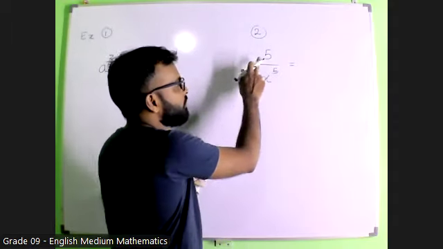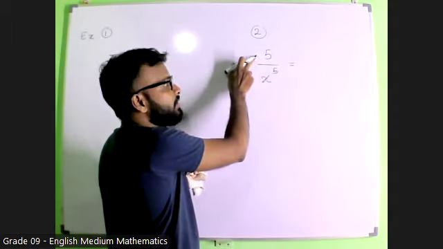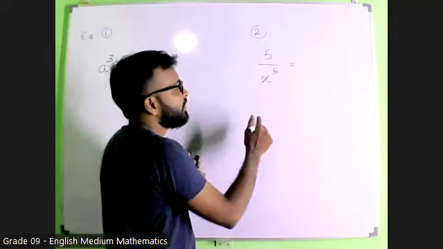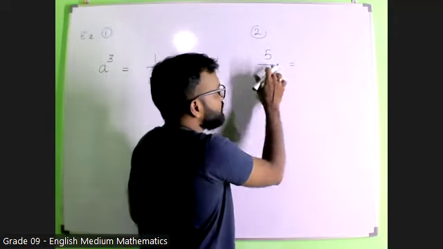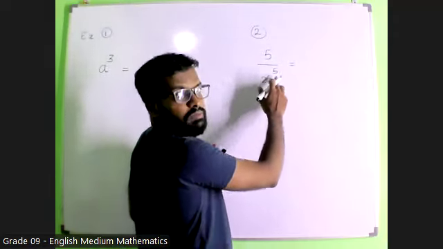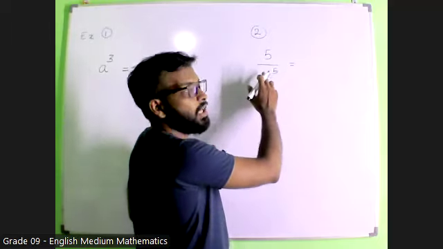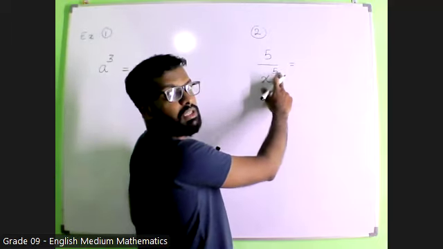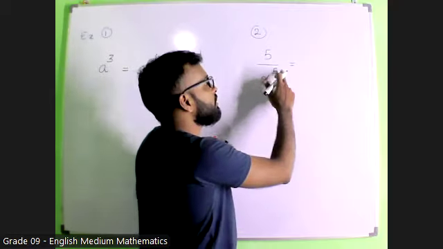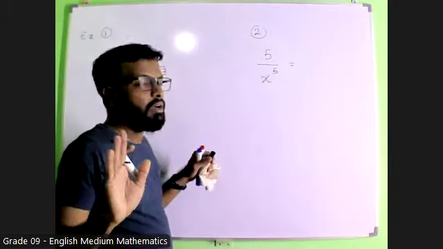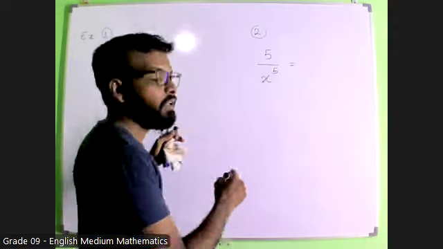No, this 5 doesn't change. This is our power, our index. This is the base and this is the index. So 5 remains the same, because 5 is a positive power always.